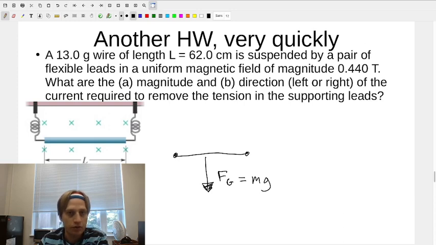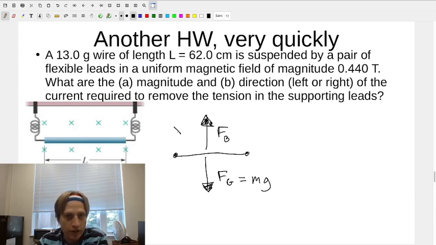Then it asks what are the magnitude and direction of the current required to remove the tension in the supporting leads. So what your job is then is to say if the tension is removed, that's effectively saying that there's not any force that's pulling the wire down anymore. So that means that the gravitational force will be balanced by a magnetic force.